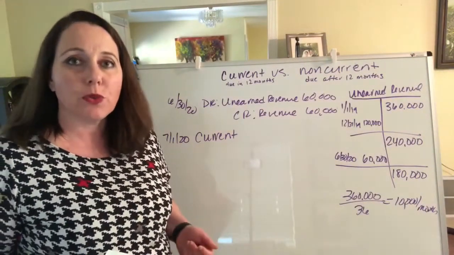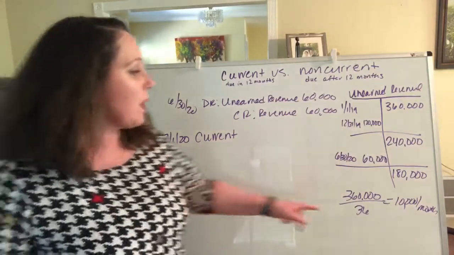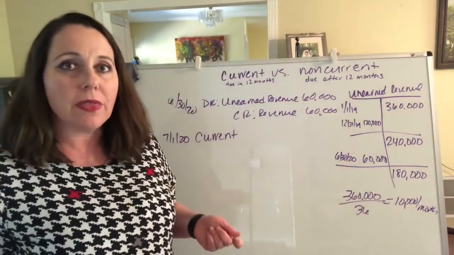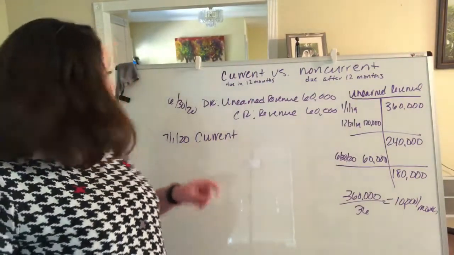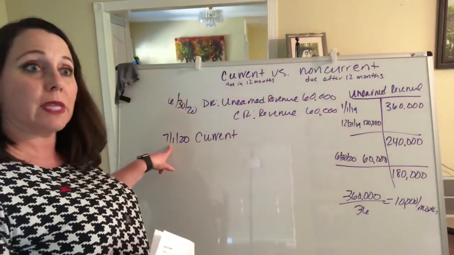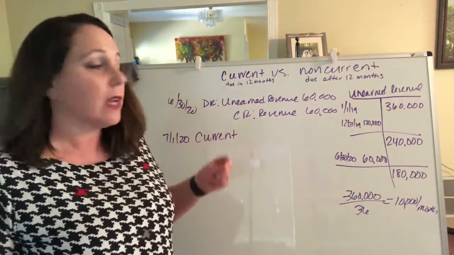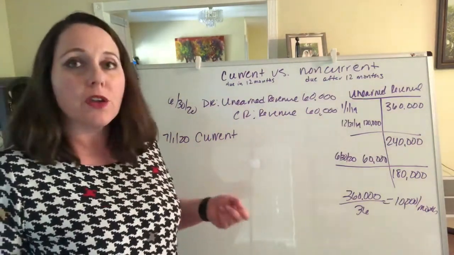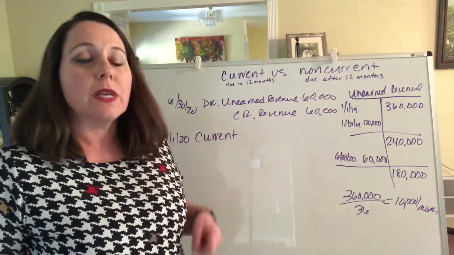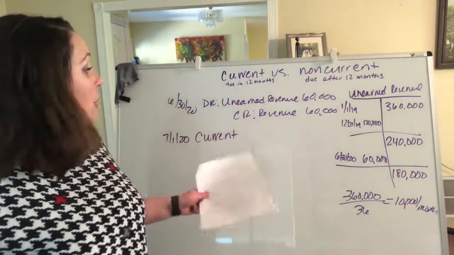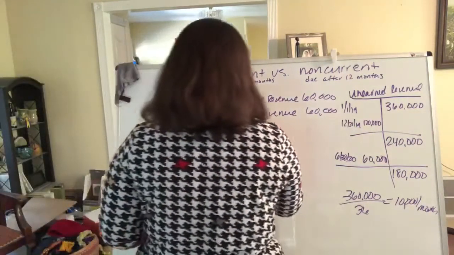It's still 120,000. If we are recognizing revenue and delivering services at a rate of 10,000 a month, then over the next 12 months, from 7/1/20 through 6/30/2021, we are going to recognize another 120,000 of revenue, meaning we're going to deliver $120,000 worth of services. So our current is still 120,000.